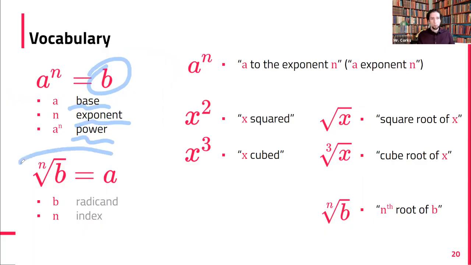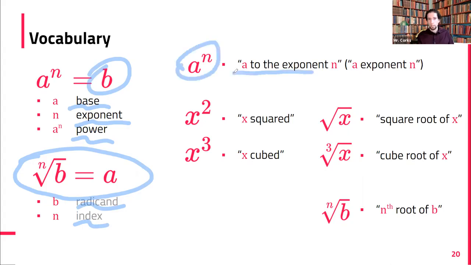If we have a root like this, we can have the words radicand and index. Nobody uses these words, or very rarely. I am certainly not going to use them in class, but they're there if you want to know them. If we read an exponent, normally it's a to the exponent n. A lot of math teachers say power instead of exponent.